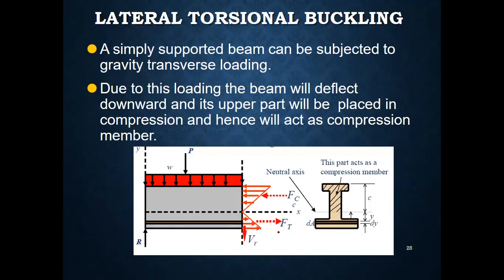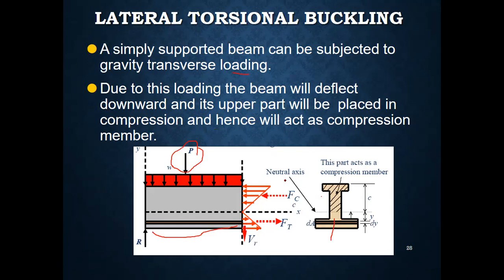So for the lateral torsional buckling, if we consider a simply supported beam and subject it to a transverse loading in the gravity direction, due to this loading the beam is going to deflect downward, and its upper part ultimately will be in compression, and hence the upper part is going to act as the compression member, while the lower part is going to act as the tension member, right?